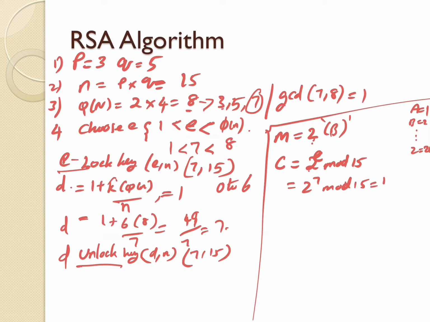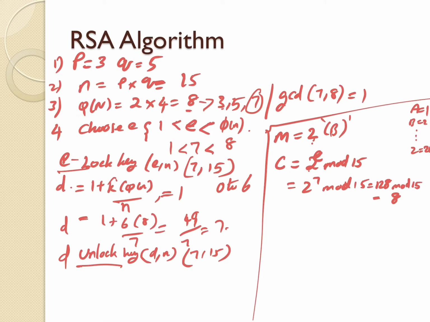Now it gives us 128 mod 15, which gives 8.